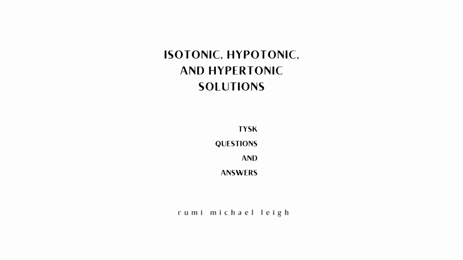The concentration of a solution is the number of solutes per volume of solvent. 8. What does hyper mean? Hyper means high. 9. What does hypo mean? Hypo means low. 10. What does iso mean? Iso means the same.